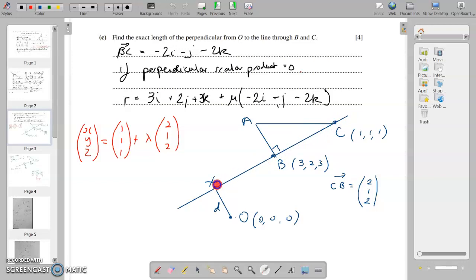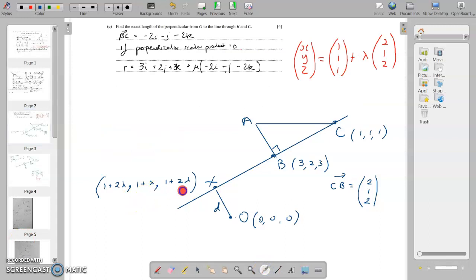So we need to know what that coordinate is. So that coordinate will be such that lambda is a certain value. So we're going to work out what the coordinate of X is in terms of lambda. Well, the x coordinate will be 1 plus 2 lambda. The y coordinate will be 1 plus 1 lambda, and the z coordinate will be 1 plus 2 lambda. And lambda is what we've got to work out.